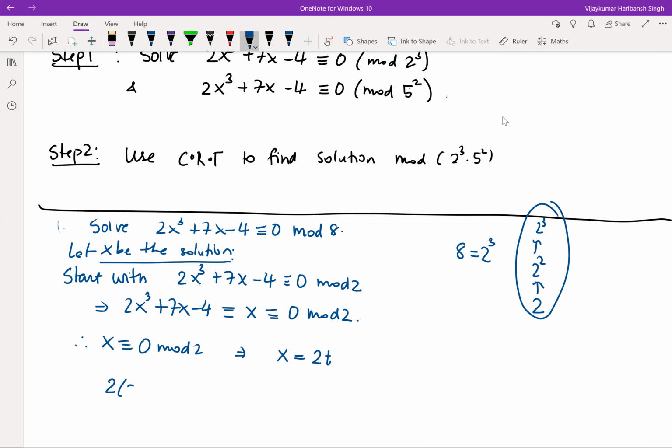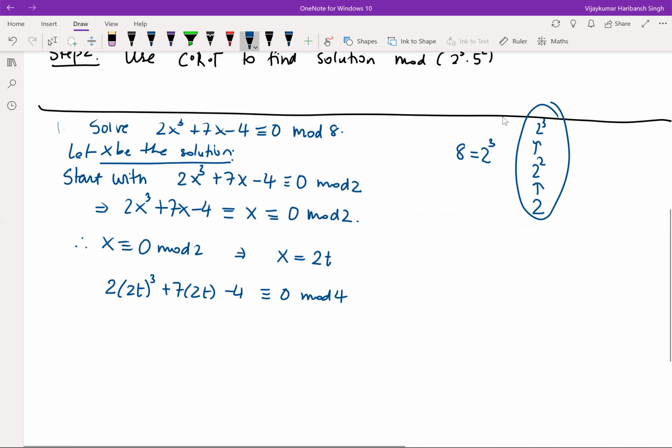So we get 2 times (2t) cubed plus 7 times 2t minus 4 congruent to 0, and let's solve this now mod 4. If you go mod 4, the cubic term is 0 already. You'll get 14t, which is congruent to 2t congruent to 0 mod 4.